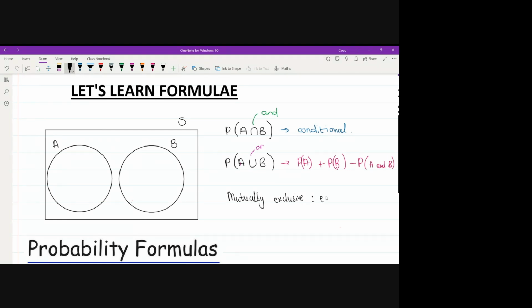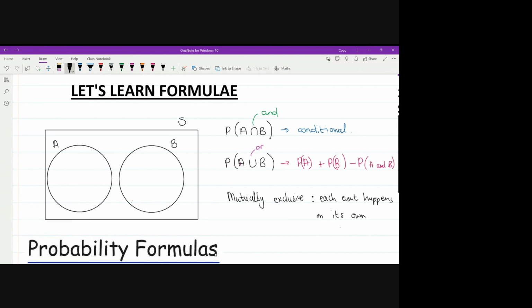Each event happens on its own. Like, let's say, for instance, we're flipping a coin. I cannot get heads and tails at the same time. That makes no sense. So flipping a coin and getting heads and getting tails, those two events are mutually exclusive because I can't have one and the other. There's no and for both of them. They're not going to overlap.